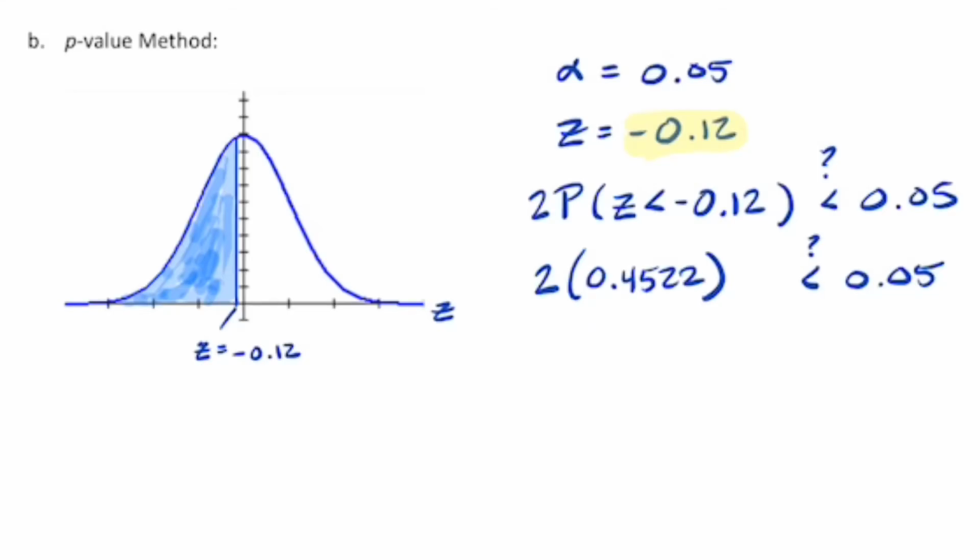Well, if I double that value, I'll get 0.9044. Well, is that less than 0.05? Nope, not unless you've been drinking, right?